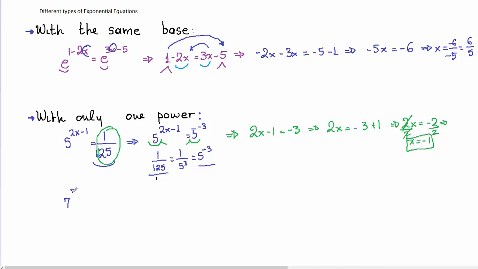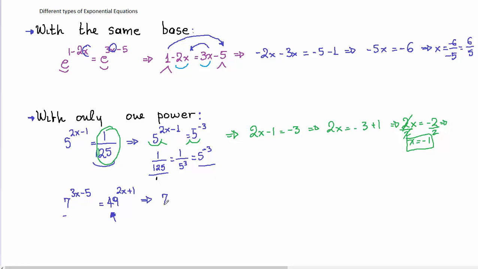7 to the 3x minus 5 equals 49 to the 2x plus 1. Again, the problem here is that I do have two powers, but the powers are different. The beauty of that is that 49 has some relation with 7. What is the relation of 49 with 7? It's 7 squared.